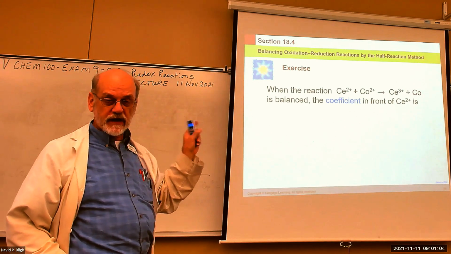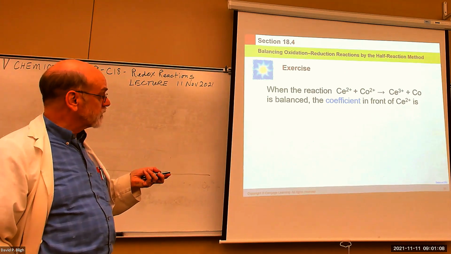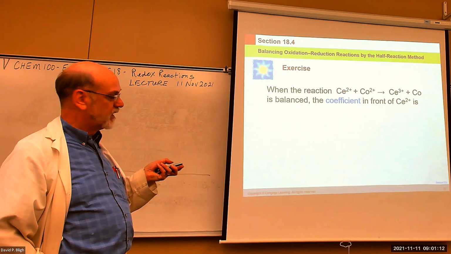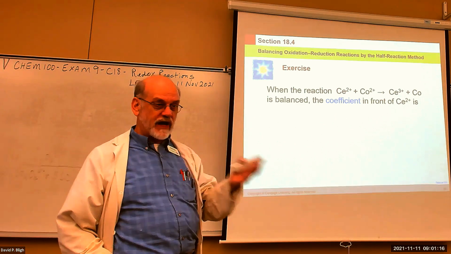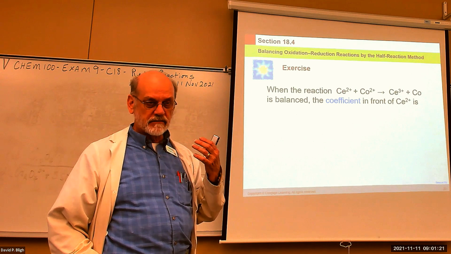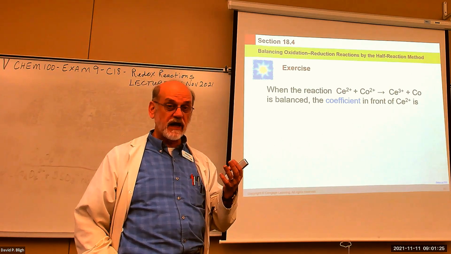So we know this is a redox reaction. What's the coefficient in front of the cerium 2+ over here? Notice that there are no extra oxygens in there. There are no extra hydrogens. We're not going to have to deal with this as adding protons or waters, hydrogens and oxygens.